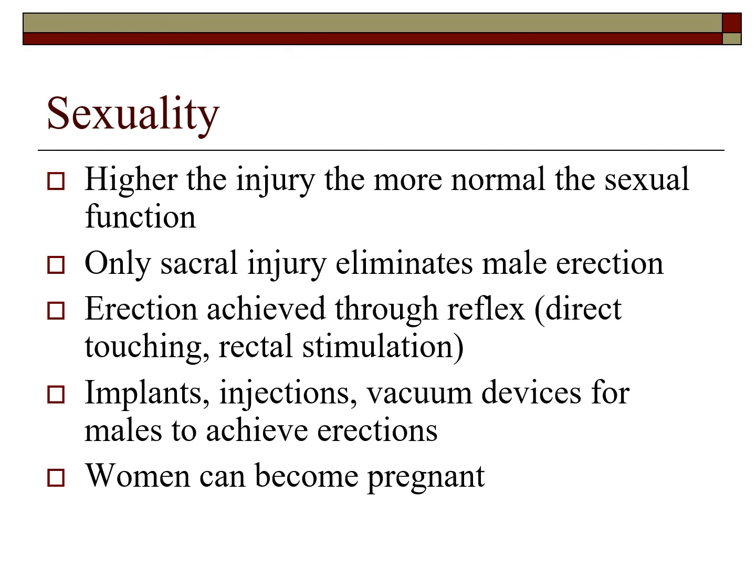Sexuality. So we have a couple concerns for men and some for women. The higher the injury, the more normal the sexual function, which sounds weird. But the sexual arousal in the male is only related to a reflex arc. So it's stimulation, then the stimulation goes in as a reflex arc into the sacral area, that part of the spinal cord, and then the response would be the erection.